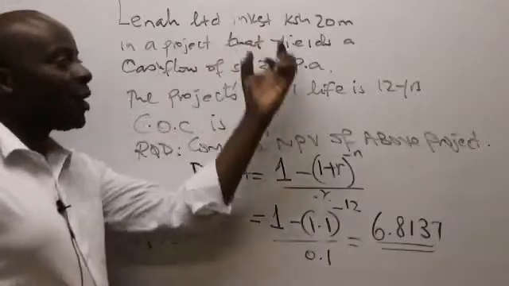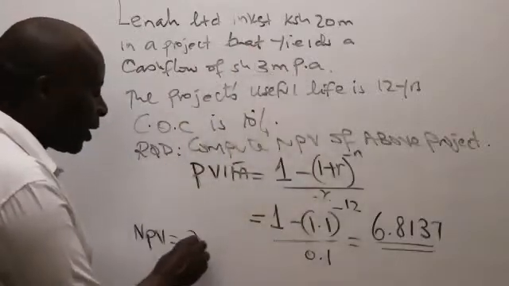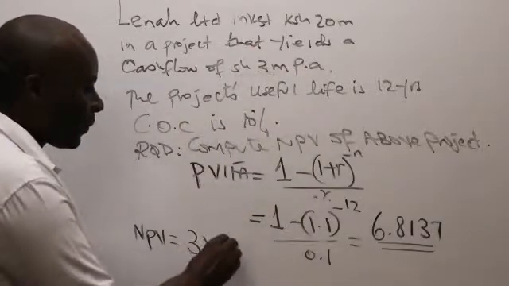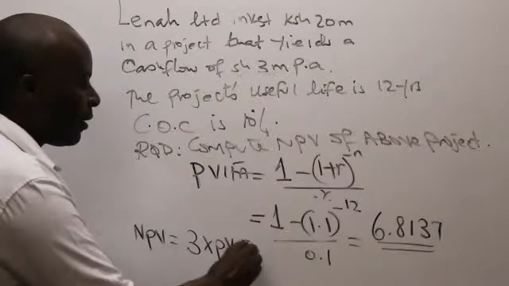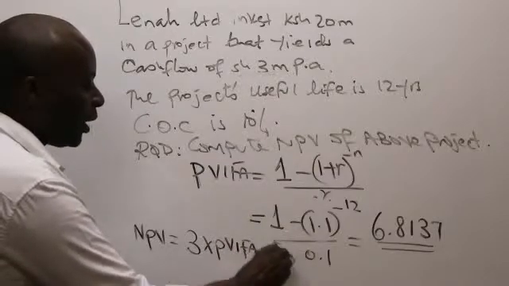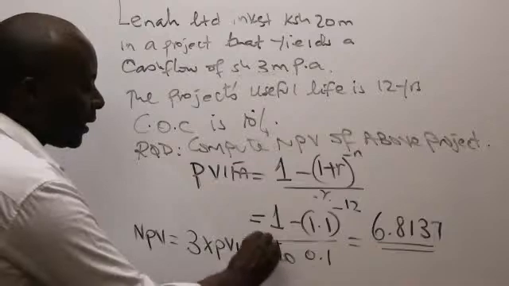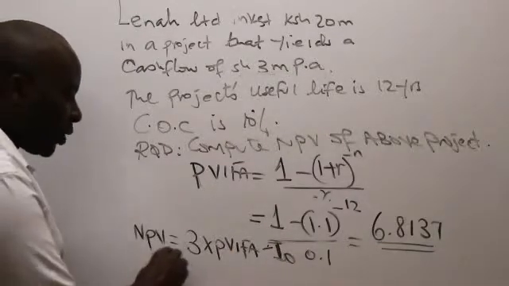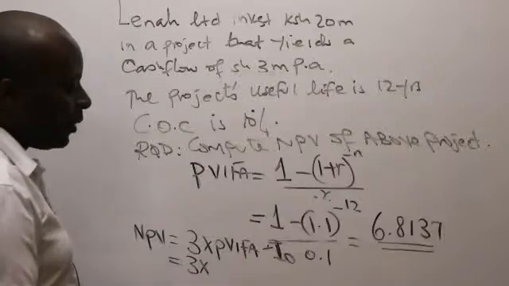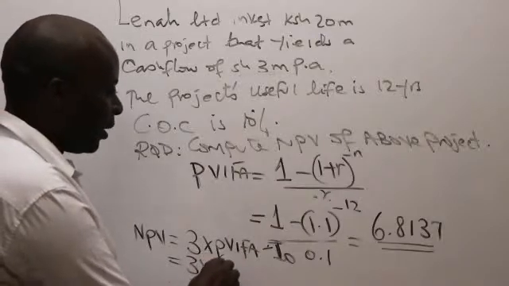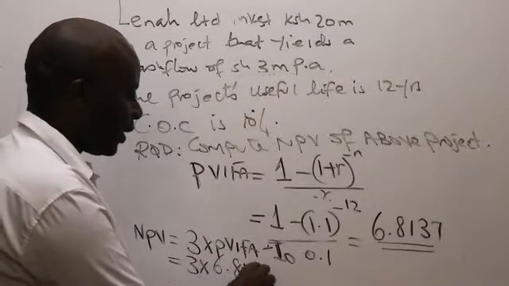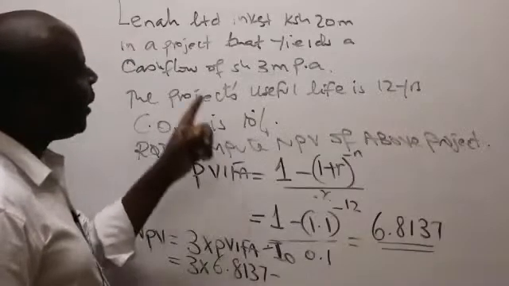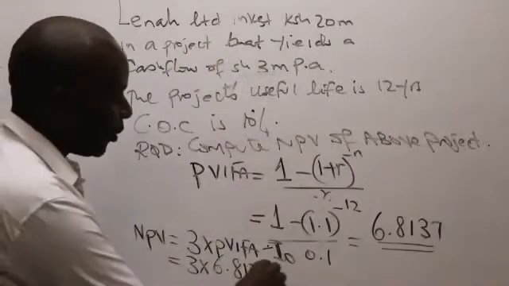I'll take the future cash flow, which is 3 million, times PVFA, minus the initial outlay. So in this case, it's 3 million cash flow times the PVFA that you have just given me, which is 6.8137, minus the initial outlay of 20 million.